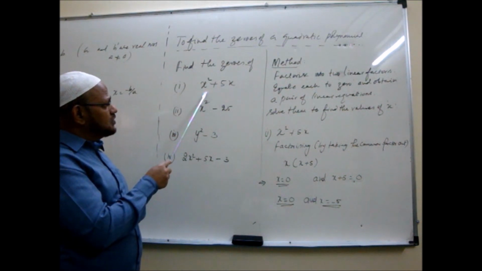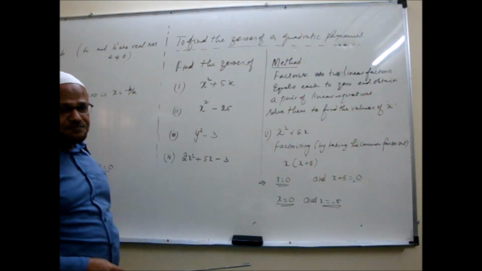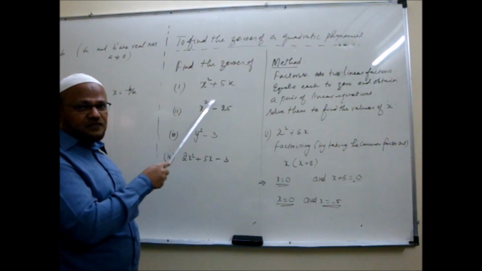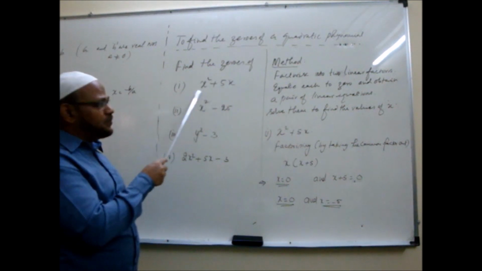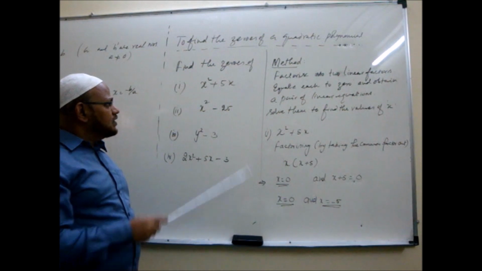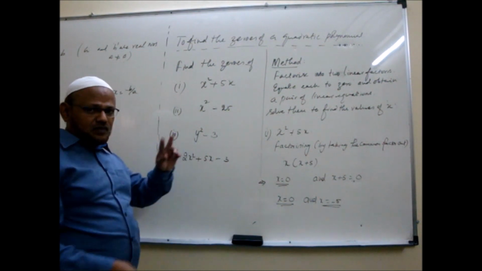For what value of x this will vanish, we do not know. So you have to follow some steps here. First, factorize the quadratic polynomial into linear factors, if possible. If factorized into linear factors, you get 2 linear factors.